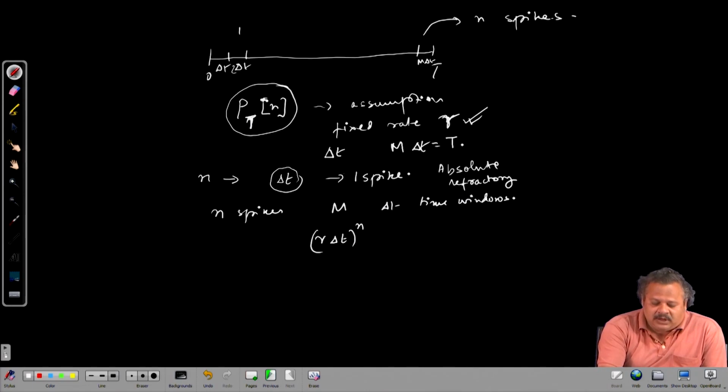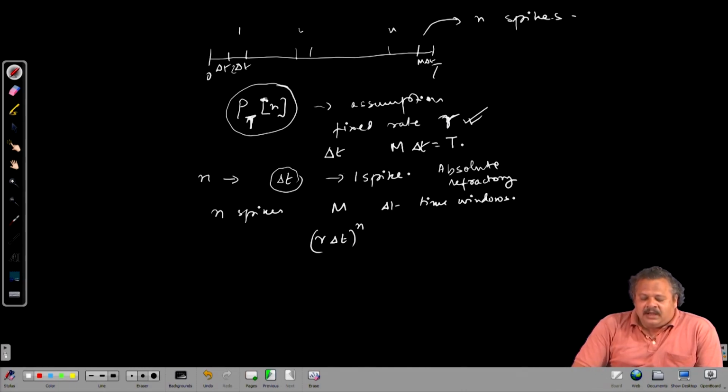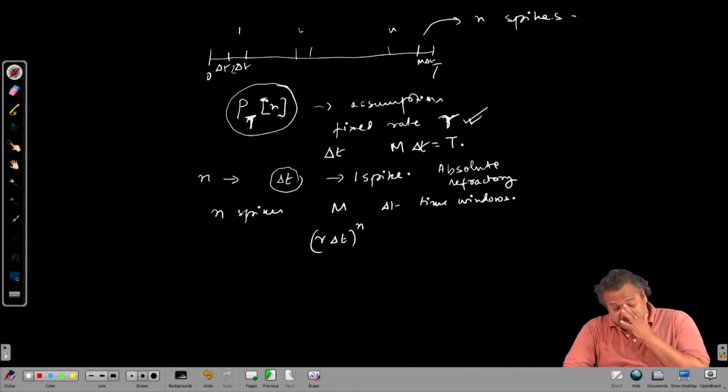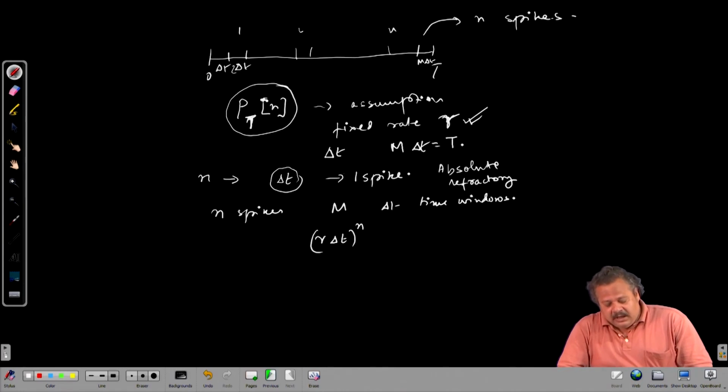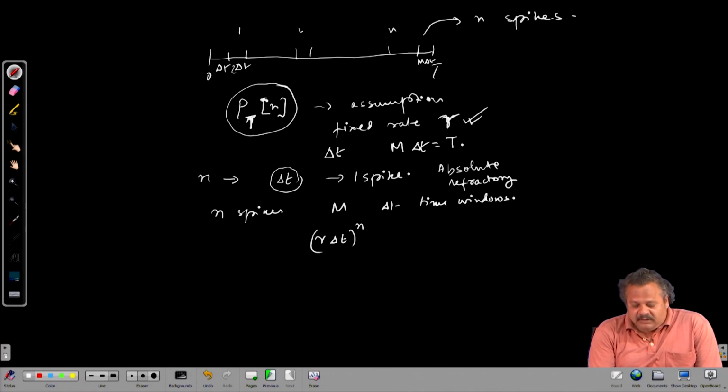So, let us say we chose this bin and up to this bin, n bins we have chosen, and in all the windows delta T is very small, so only one spike can occur, and we know that the probability of a spike is simply R times delta T, the rate of spiking times delta T. Since they are independent, all those probabilities get multiplied, and that is R delta T to the power n.